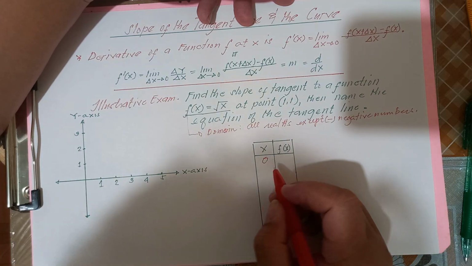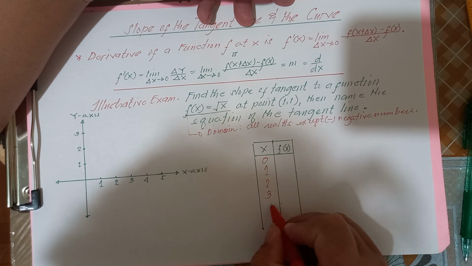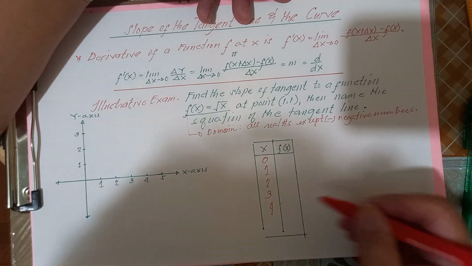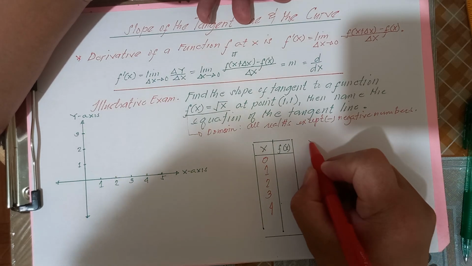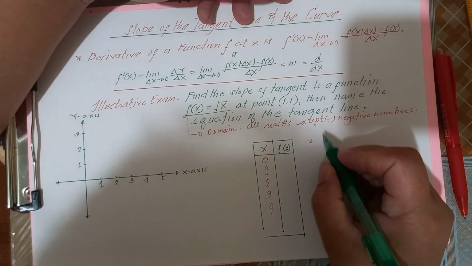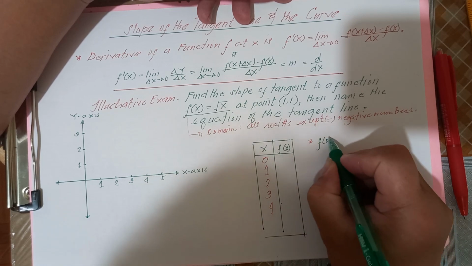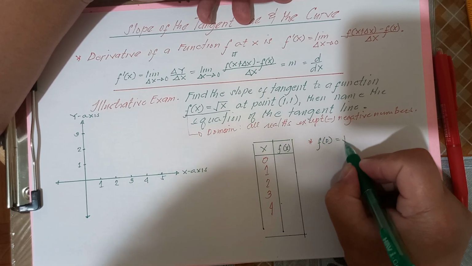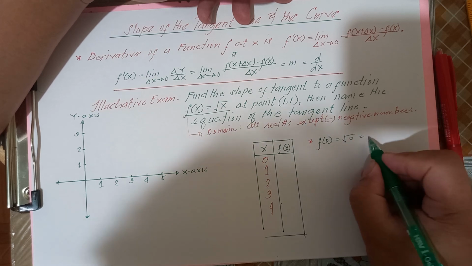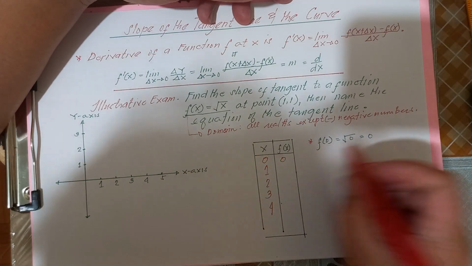So if I have 0, 1, 2, 3, and 4, when we graph this, let's just make use of a table. If x is 0, f of 0 is equal to the square root of 0, which is 0.